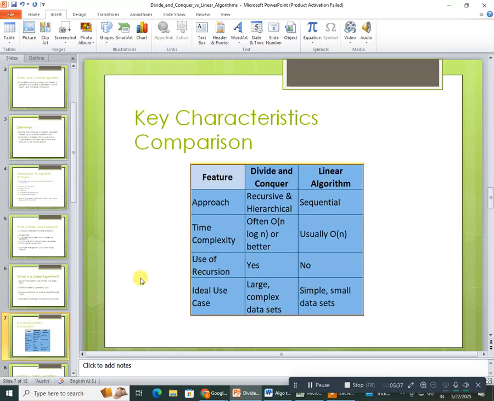Okay, now let us see some differences between divide and conquer and linear approach. So divide and conquer, the basic approach involves dividing a problem into smaller sub-problems and then solving them and then conquering them, that is combining the results of these problems. So what we do here is we divide it into smaller sub-problems and solve them.